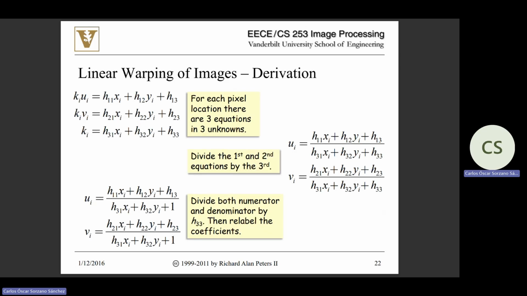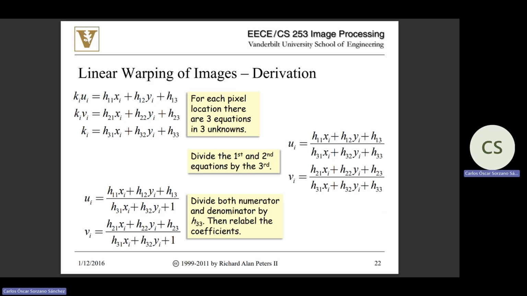That gives us 3 equations, which are the same equations as we wrote before. Before it was in matrix form, now it is the equation system. Now we divide the first equation and the second equation by the third one. If you divide, the ki disappears, and ui and vi, the coordinates in the output, will be those 2 ratios.